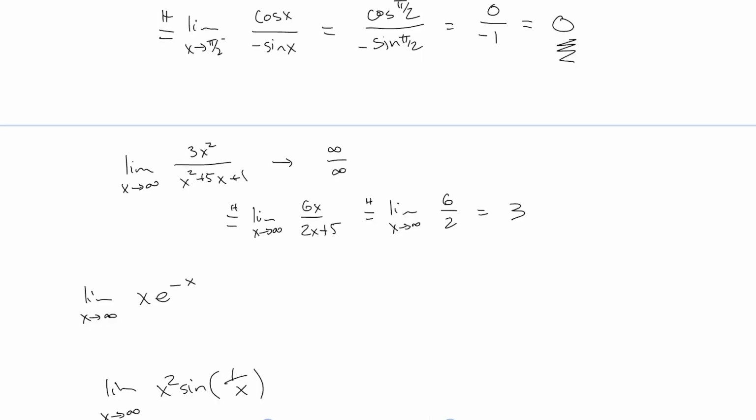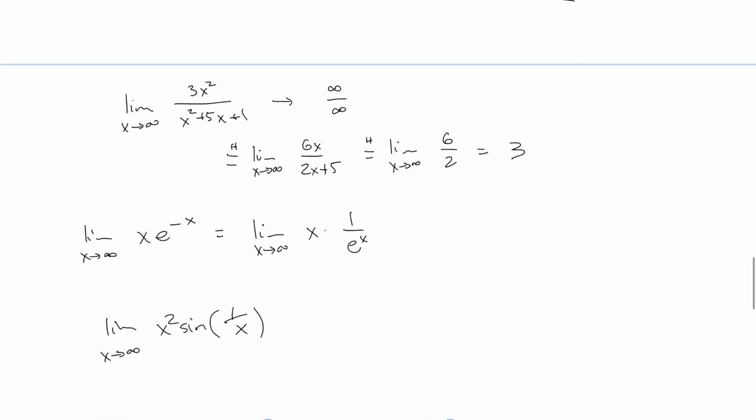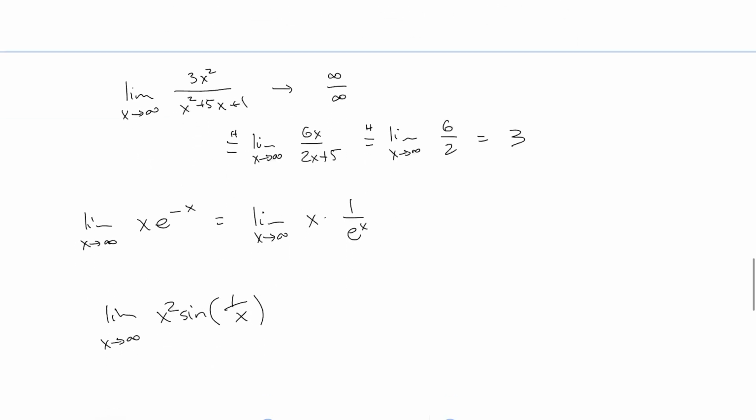The next one. This, people realize, when you plug in the x going to infinity, this looks like, of course, e to the minus x is the same as 1 over e to the x, right? So this is really x times 1 over e to the x. That's what e to the negative x means.